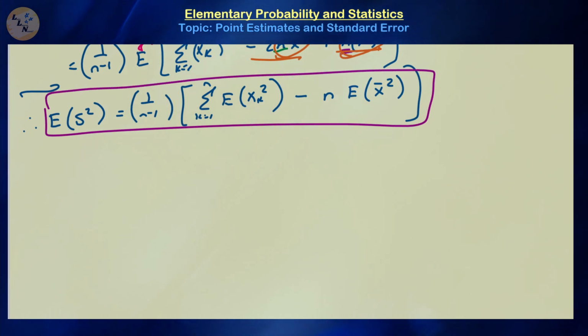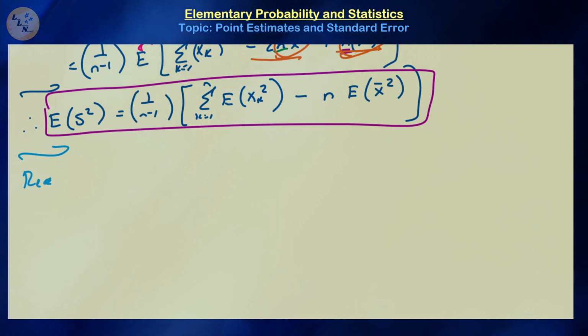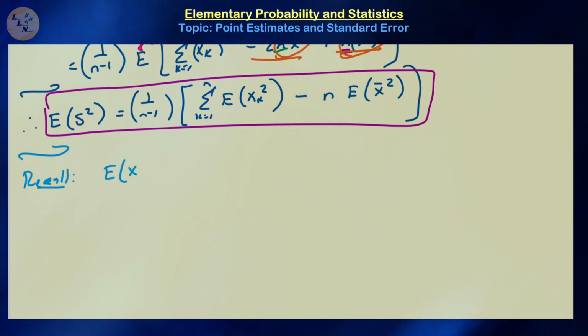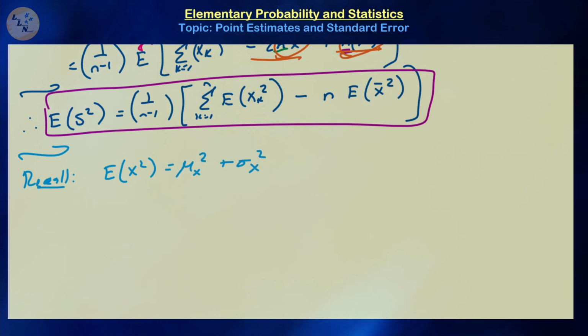Now, what are we going to do with this, and how does it evolve into what we're going for? Recall that the second moment of a random variable is always equal to the mean squared plus the variance, because the variance is always equal to the second moment minus the mean squared. That's just a rearranged version of something that we already know.